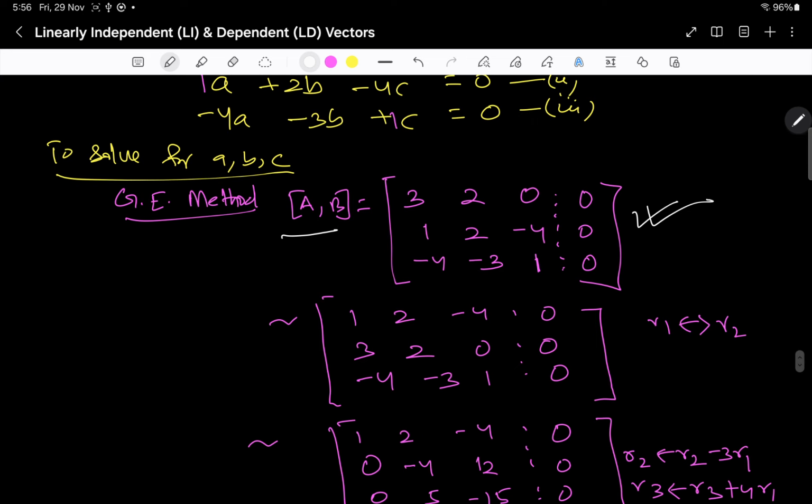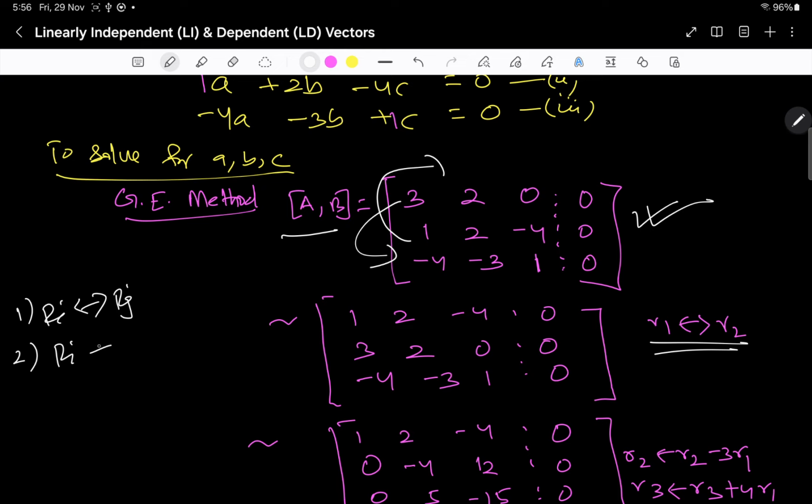Then I just interchange this and this to bring 1 in this position. Any two rows we can interchange. The Gauss elimination method is based on elementary row operations. You can interchange any two rows, and you can replace a row by a constant multiple of that row, and the constant should be a non-zero constant.